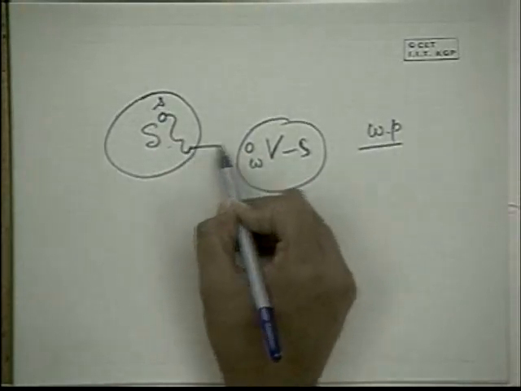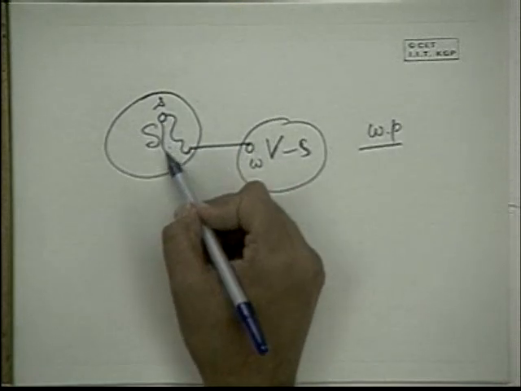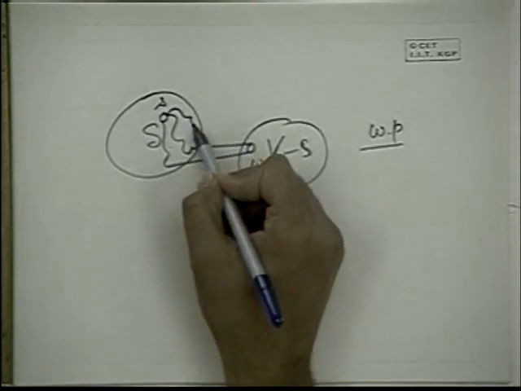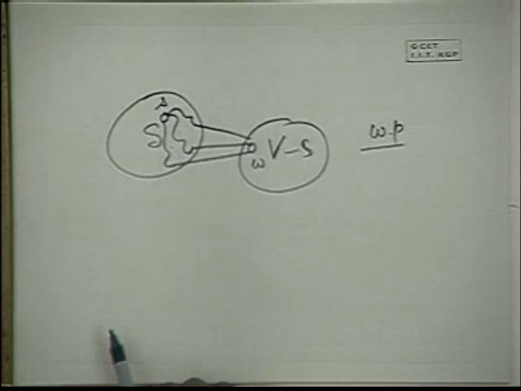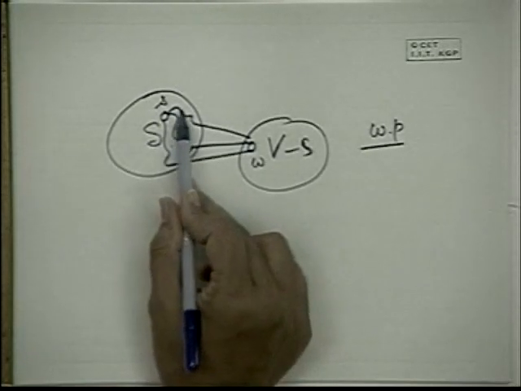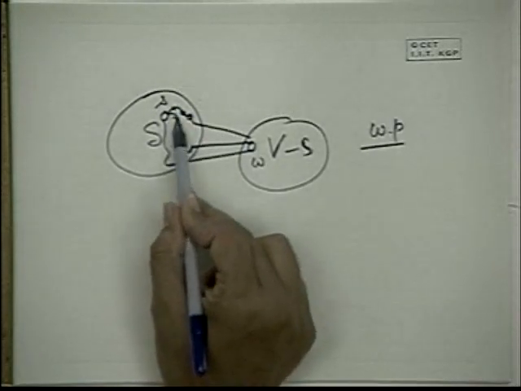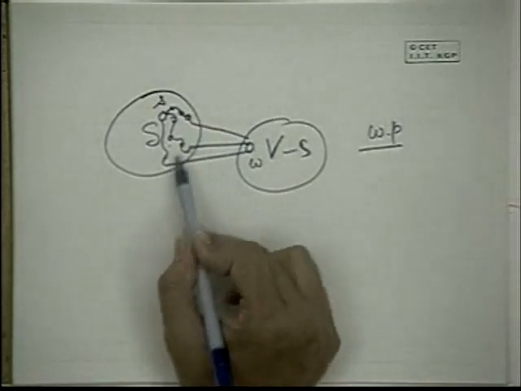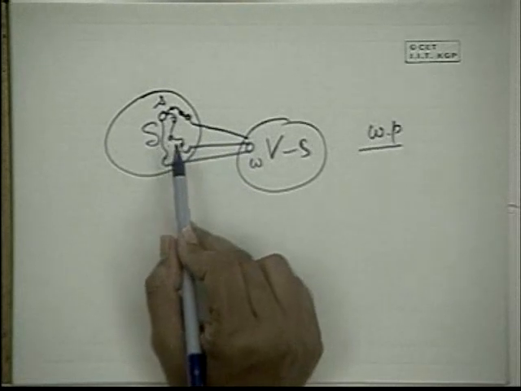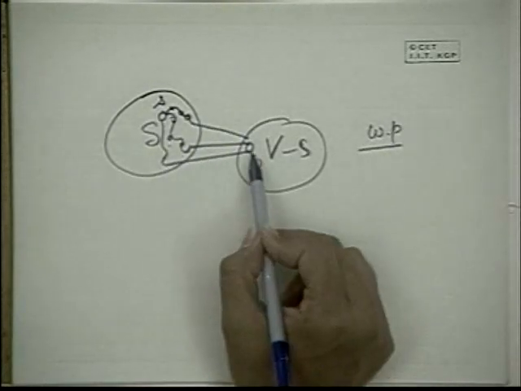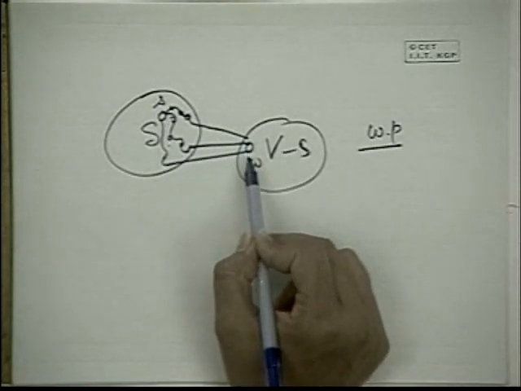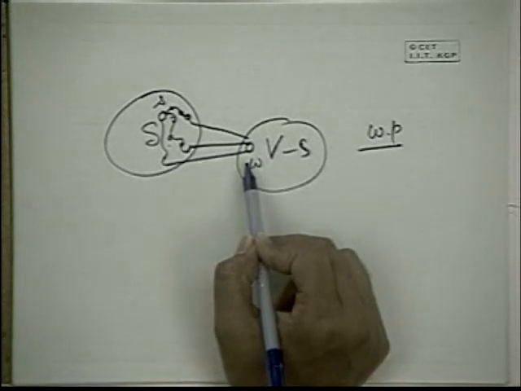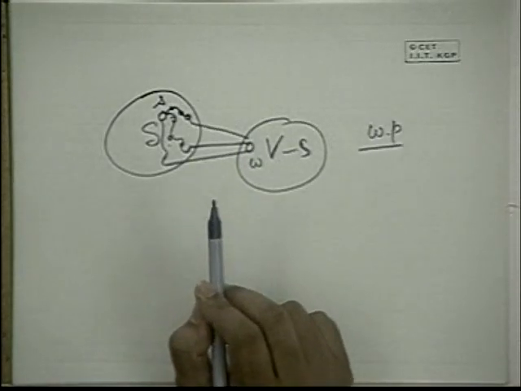There are several paths going to W, all of which have all the vertices inside this set S except the last vertex. So this is an edge. Among such paths, the path which has the least weight, you put that one as the priority for that vertex W.